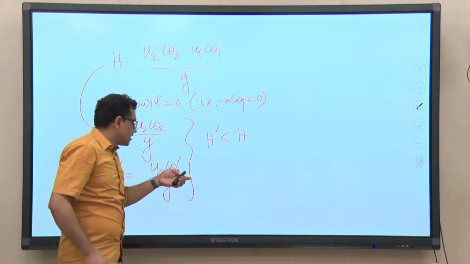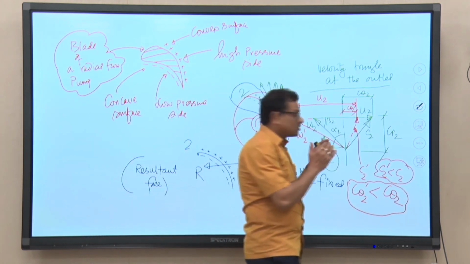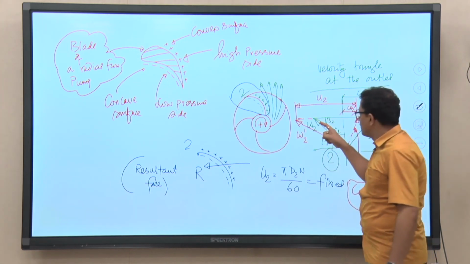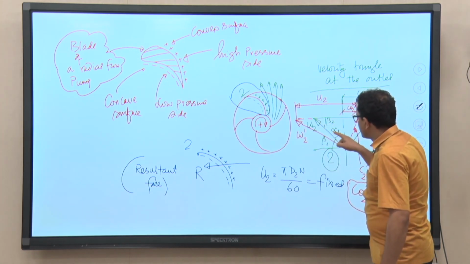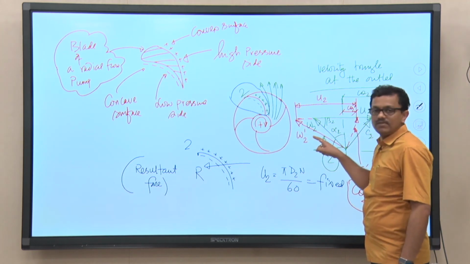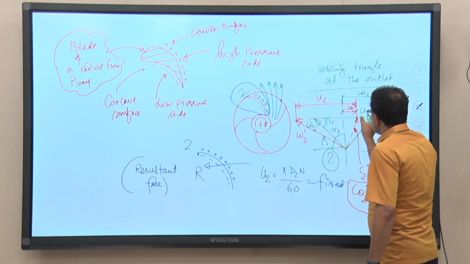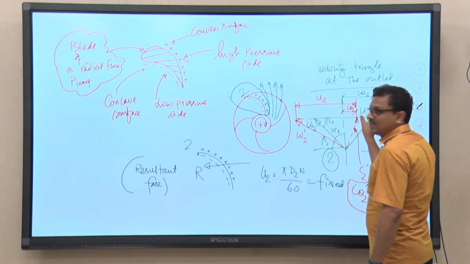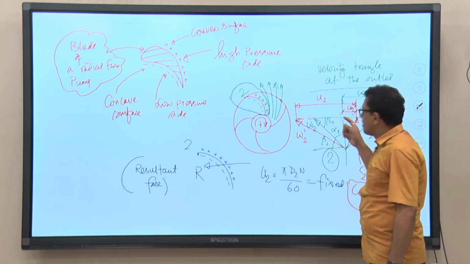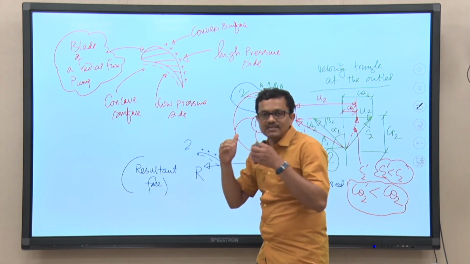Why is this? Now you can understand. So, the liquid is supposed to leave from the pump impeller with a velocity W2, relative velocity, but now it is leaving with a velocity W2 prime, and the tangential component of absolute velocity is C theta 2, that is what we are expecting, but we are getting C theta 2 prime. So, as if liquid is being slipped.